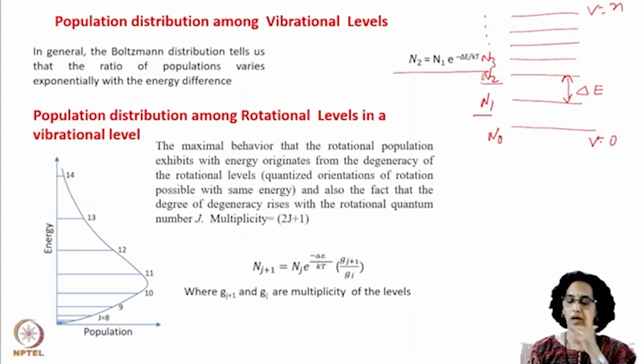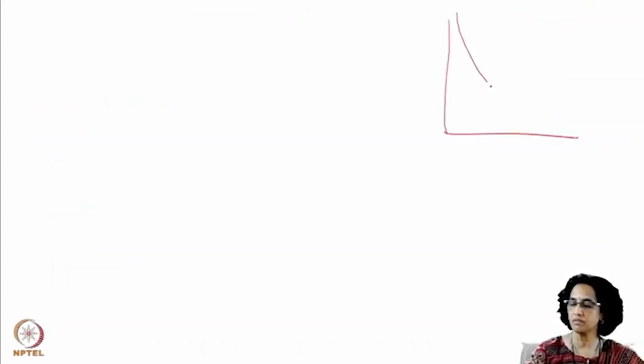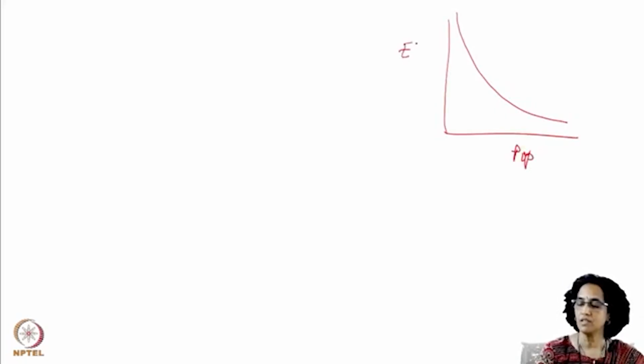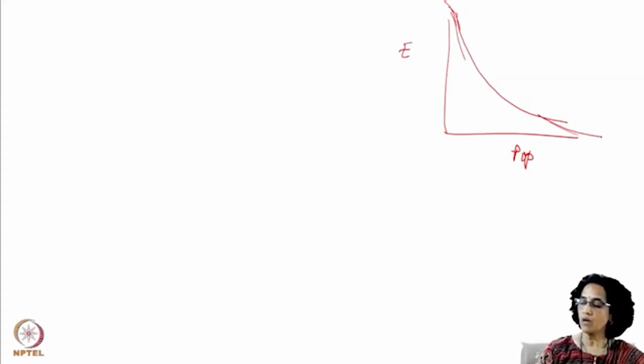Right? So then how is the energy distribution? Population distribution. So this is the population and this is energy. You know that the population in higher energy levels is much, much smaller, and the population increases as you come to the lower energy levels.